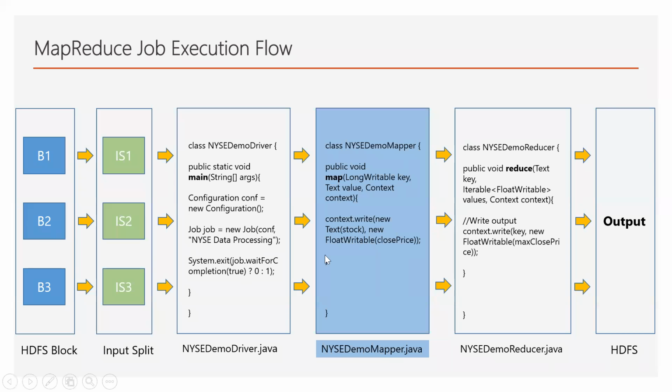That's what it is doing here. You get a key value pair, do some calculation, and write it as a key value pair. While writing, your key has to be a data type which MapReduce can understand. MapReduce can understand only Text, not the plain string or integer. It can understand this data type. And similarly the value, which is of FloatWritable, I'm just writing it.